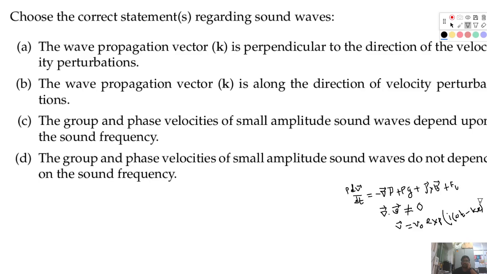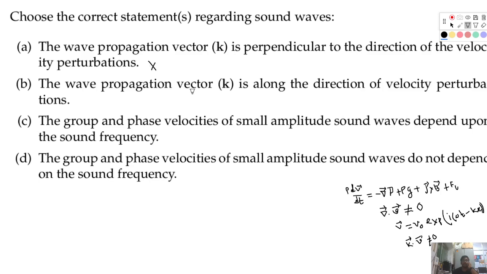So you can find that k dot v should not be equal to 0. So for a compressional wave you should not have k and v perpendicular to each other. So the first one is not a correct option.